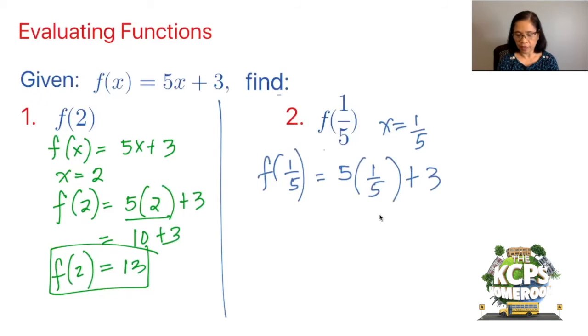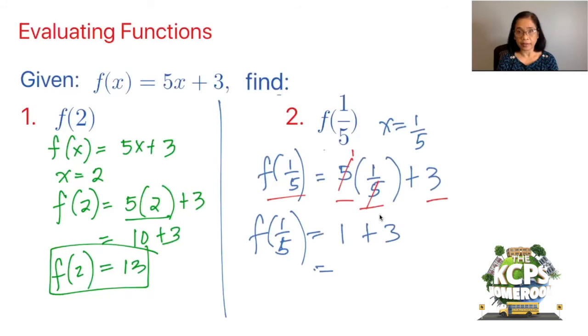This is the function value when x is 1/5. Simplifying, we know that 5 over 5 is 1, times 1 will give us 1, plus 3. I mean, the function value when x is 1/5 is 4. So that's the value of f when x is 1/5.